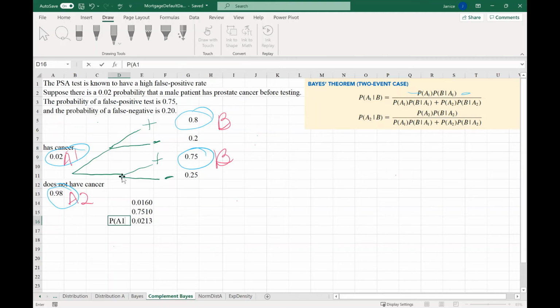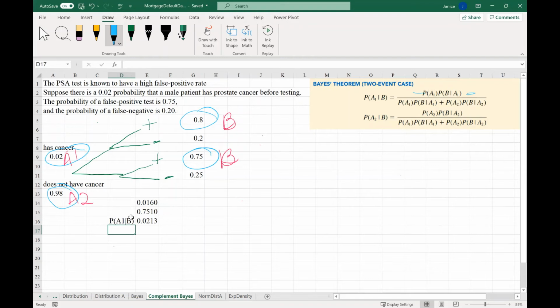Here it is. Okay. Now, we need to reevaluate all of this when we're looking at a false negative.